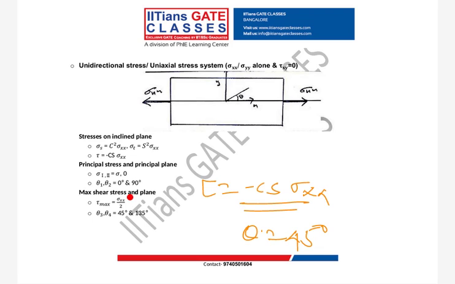I think it will come positive, because cos minus is cos, but sine minus is minus sine, so we will get a positive value. So this is correct, but this is not correct, so it should be minus 45 and plus 45 degree. Clear?